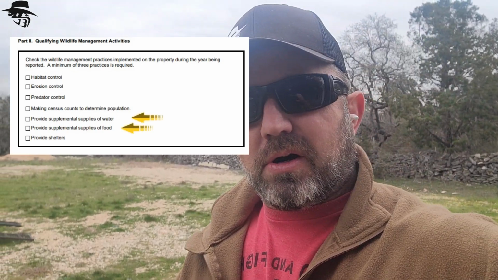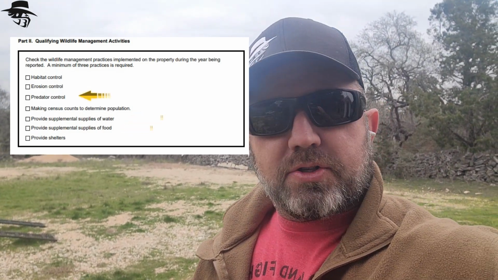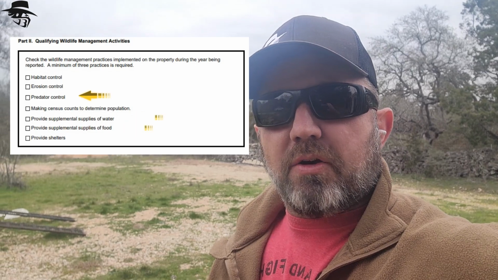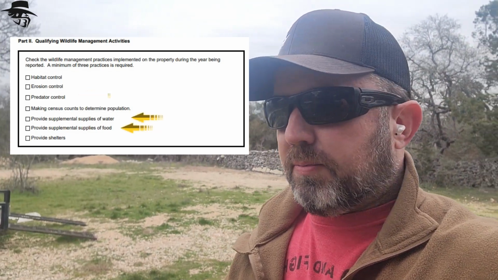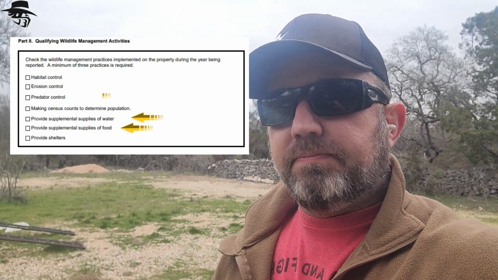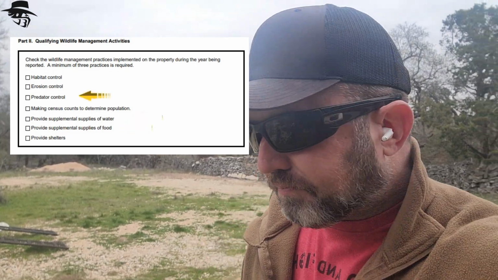Corn doesn't usually work; most counties will not allow it. Then water supplementation, obviously giving the wildlife water. And brush control could be one, or varmint control could be another. There's also habitat, and there's one more. I do the minimum of 3, usually water supplementation, feed supplementation, and also varmint control, because I'm already killing, or harvesting, pigs at any given time.